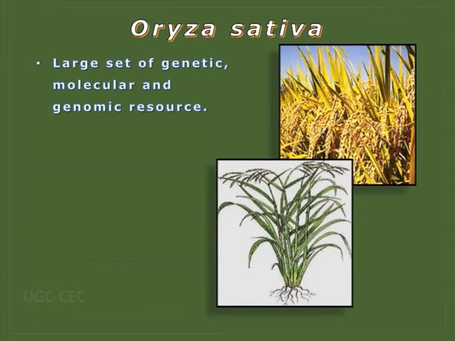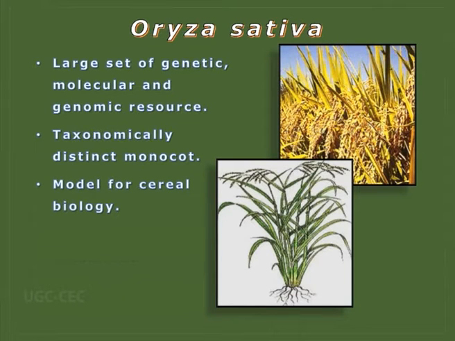Oryza sativa has got a large set of genetic, molecular and genomic resources, and taxonomically it is a distinct monocot. It is a model for understanding cereal biology. It is supposed to be the second best model organism after Arabidopsis thaliana.